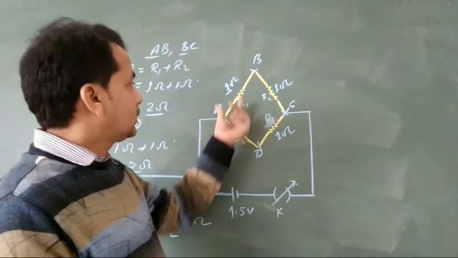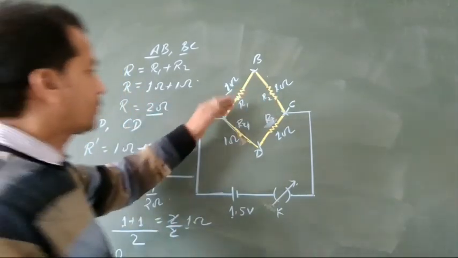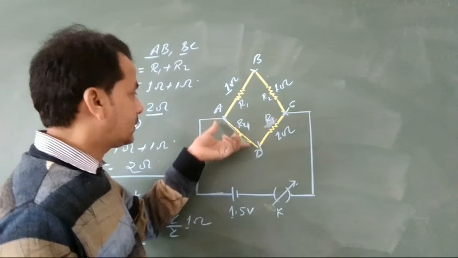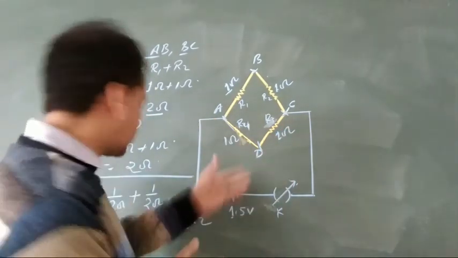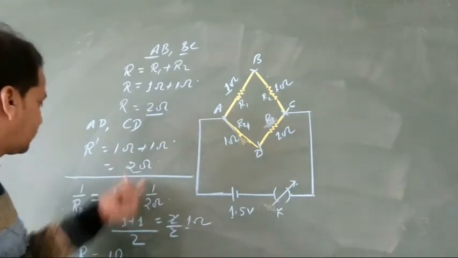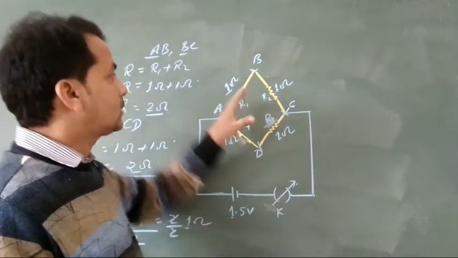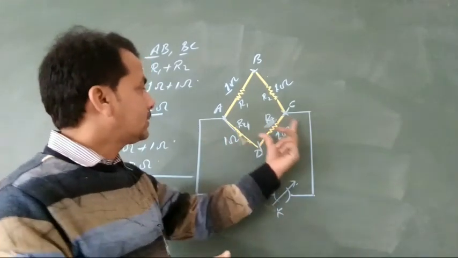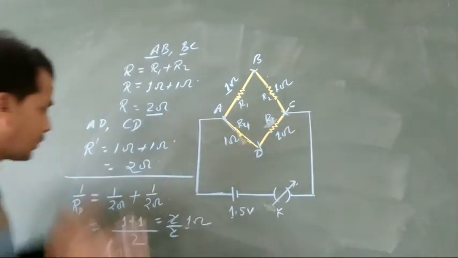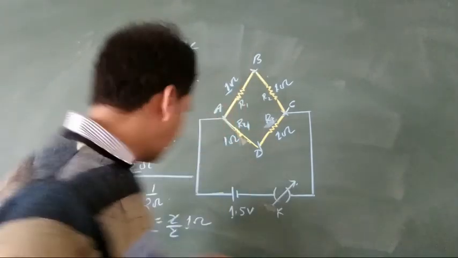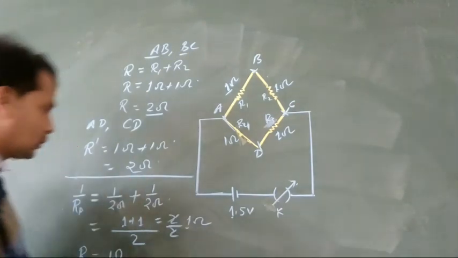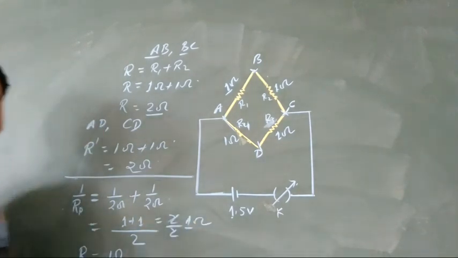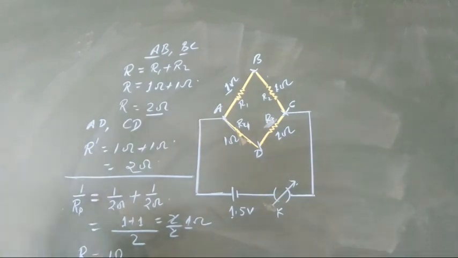The equivalent resistance of AB and BC is 2 ohm, and the other path, AD and CD, is also 2 ohm. Now AB and BC together are parallel to AD and CD, so the equivalent resistance is 1 by 2 plus 1 by 2, that is 1 ohm.